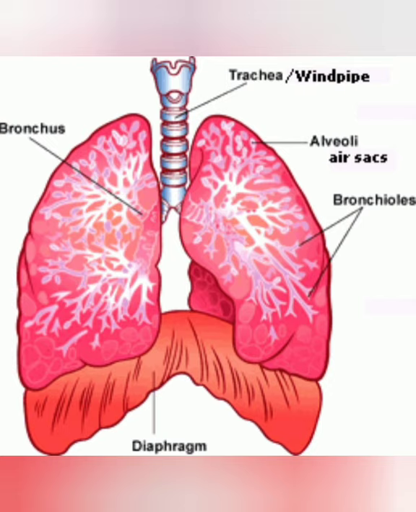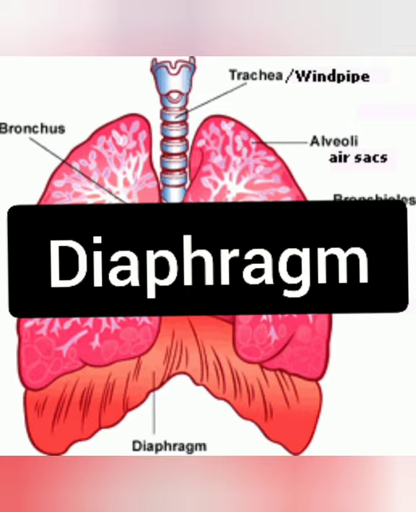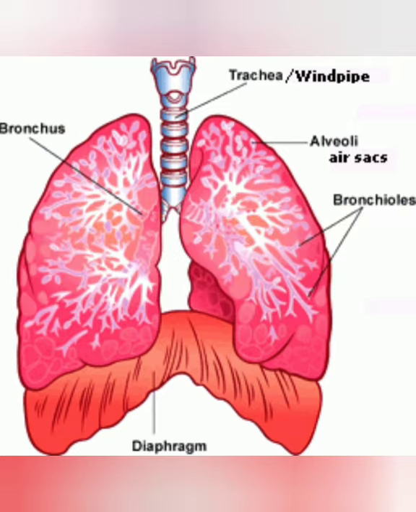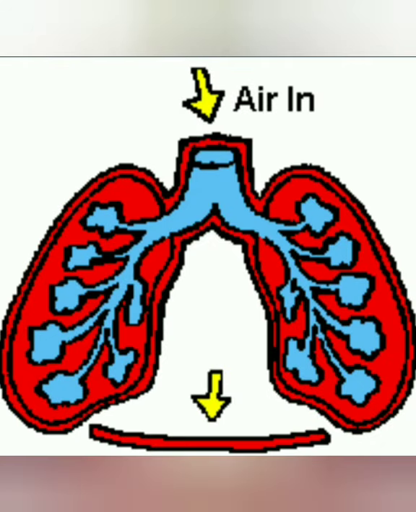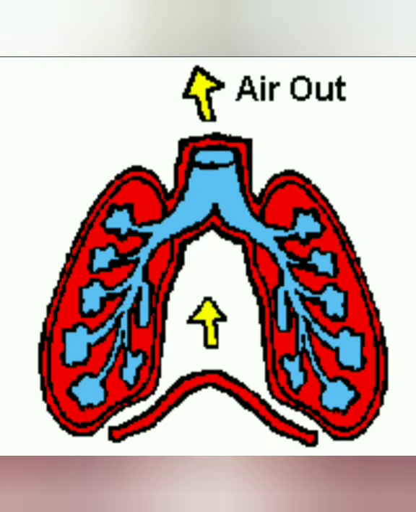The lungs are protected from damage by the bony rib cage, and they are also supported by a muscular sheet called the diaphragm. Exchange of gases in the lungs takes place by diffusion. The lungs expand when filled with air and reduce in size when air is expelled.